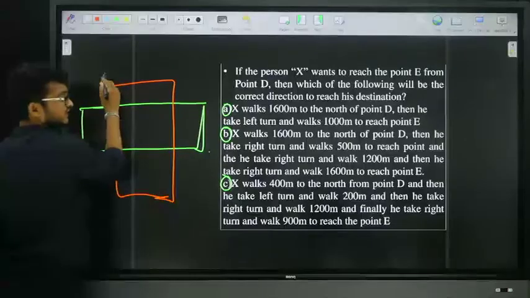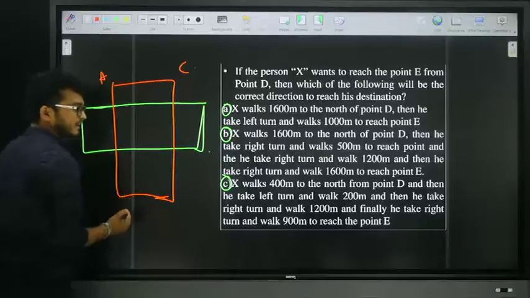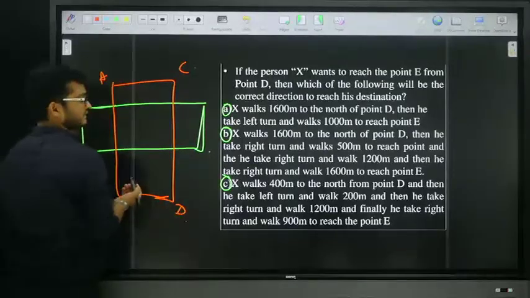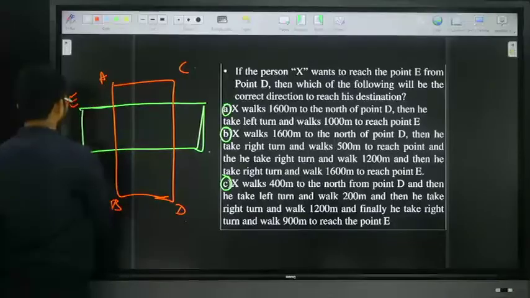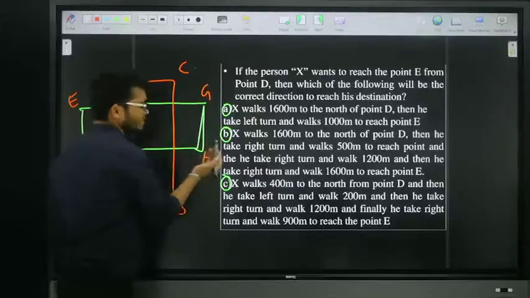See, the dimension is what? A, next C. Next dimension B, next dimension D. Next, see here, dimension A, next F. Next one is what? G. Last one is what? H.